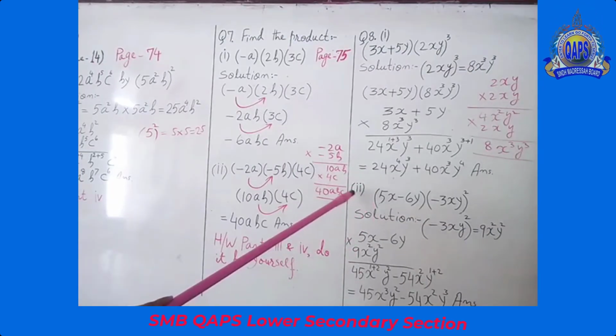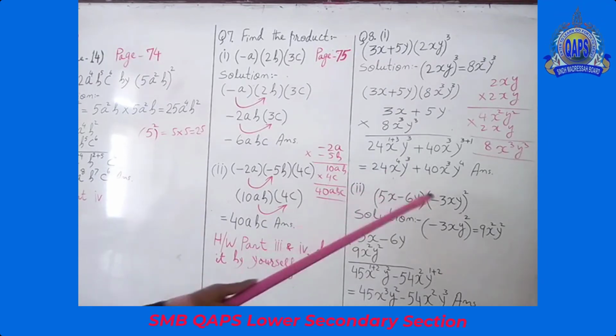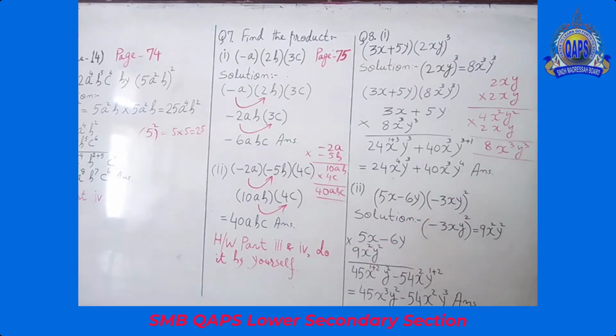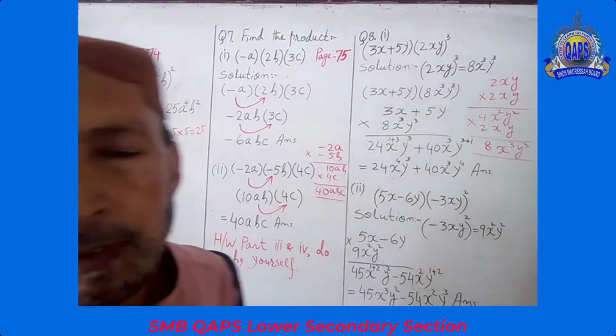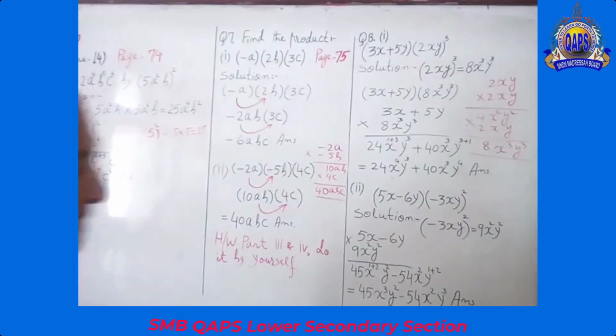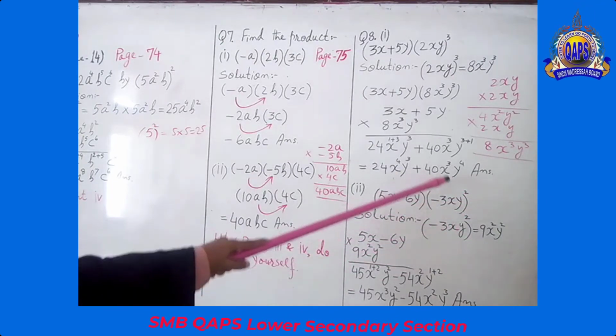Question, part 2. 5x minus 6y into minus 3xy whole square. I hope you can do it by yourself. First of all, calculate this thing.